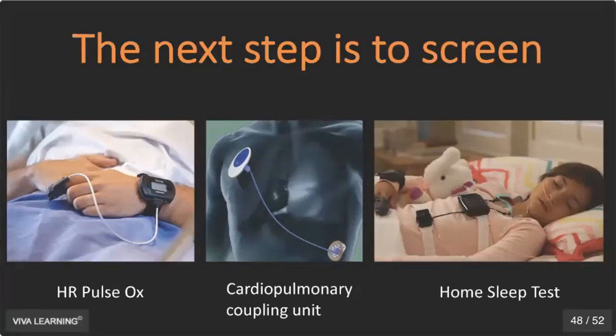for patients that I'm a little bit suspicious, I will use a cardiopulmonary coupling unit, or CPC, combined with a high-res pulse ox. It's very non-invasive, and your patients who have more difficulty sleeping are going to find this a little bit easier to tolerate. And what a cardiopulmonary coupling unit is, it's basically an EKG, and it's measuring the frequency between your heart rate and your respiratory rate.